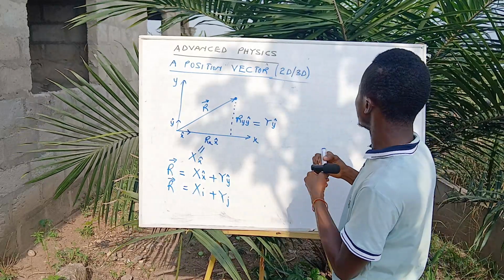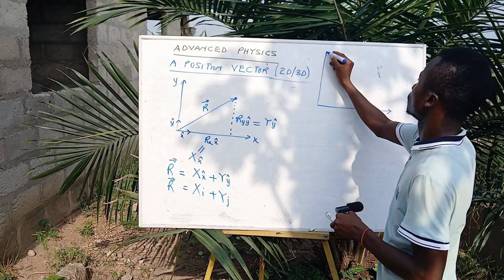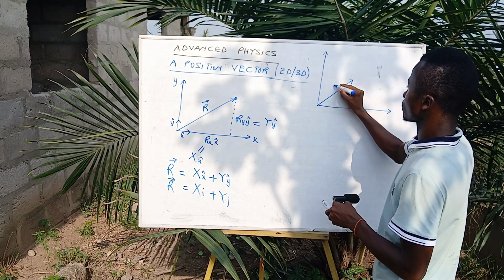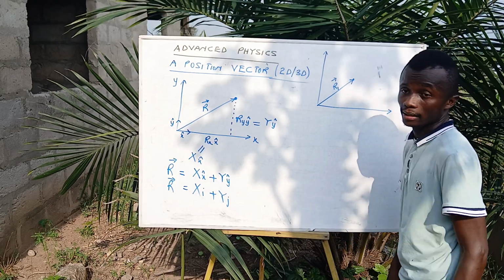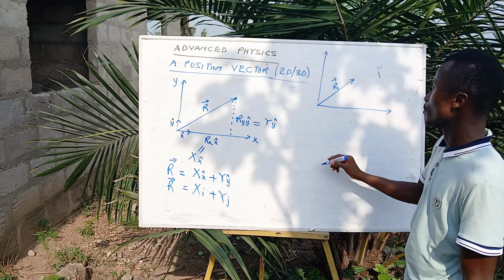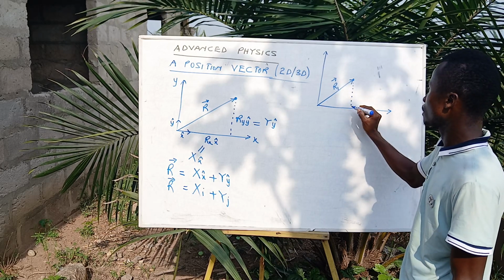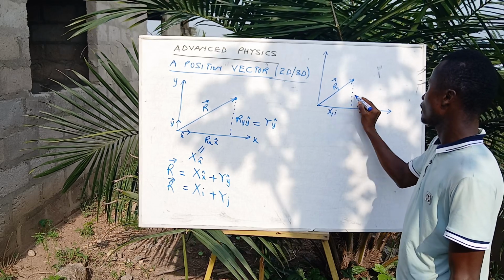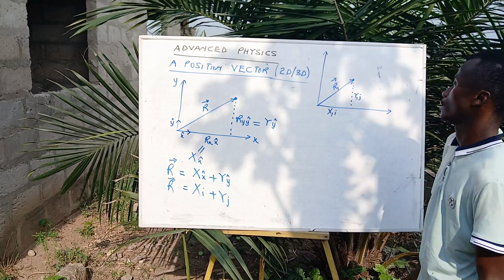So in 2D, if the initial position of an object, let's call that r1, at a time t1, the object is positioned here, represented by the vector r1 with a component x1 i and then y1 j.